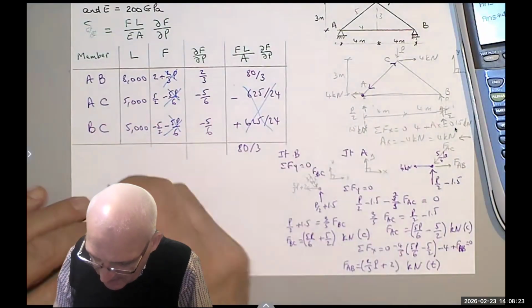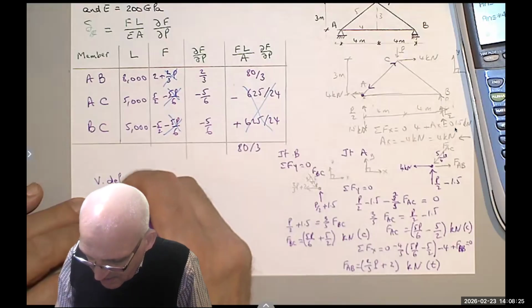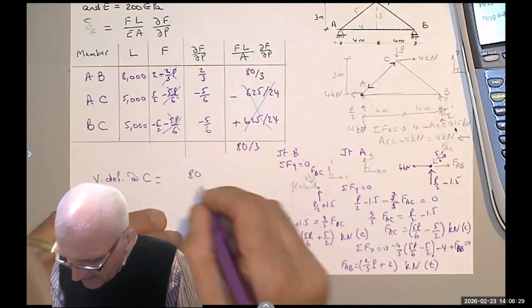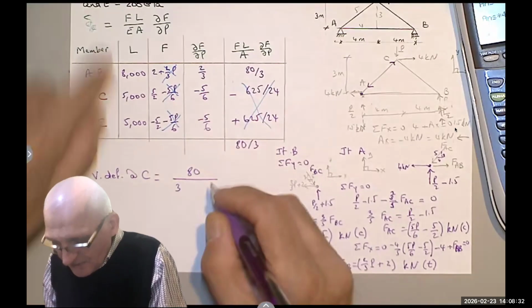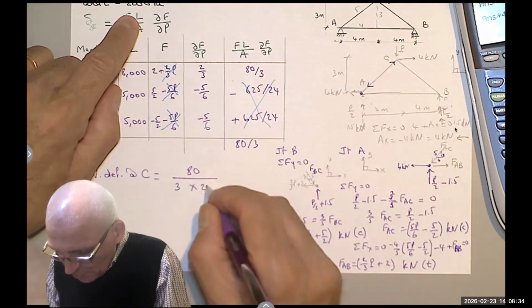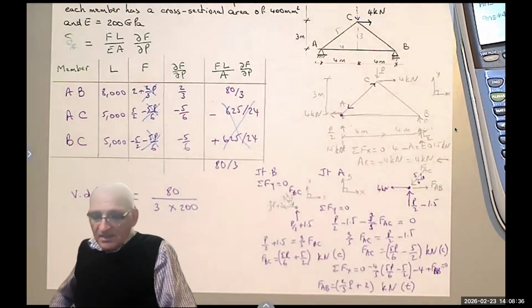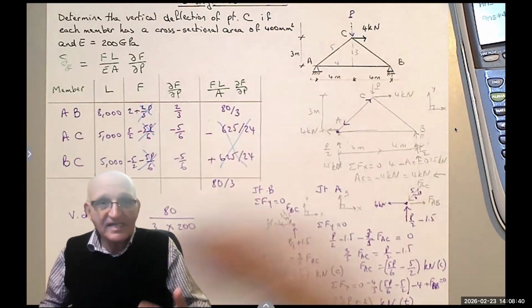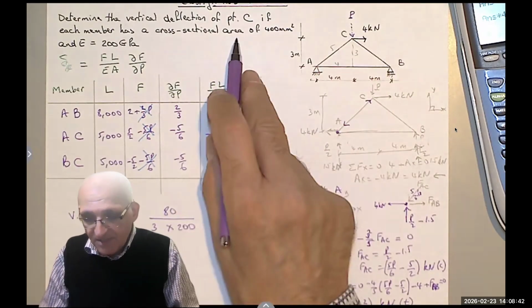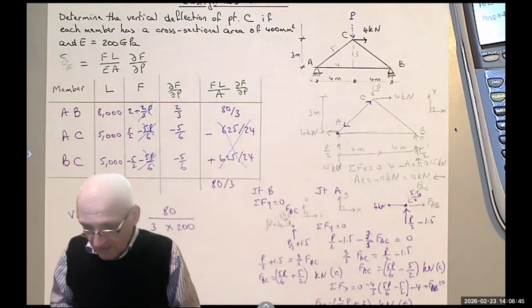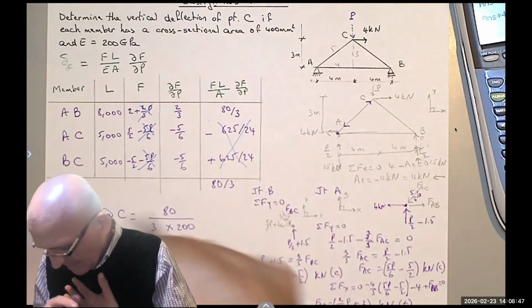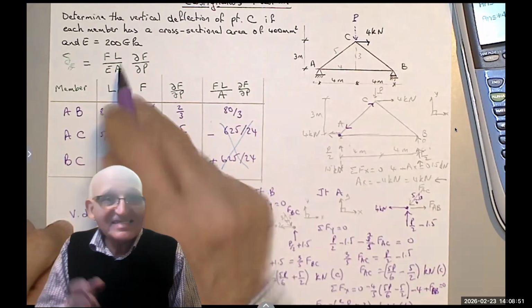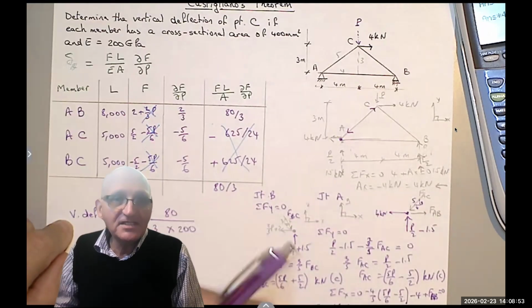So finally, vertical deflection at C equals 80/3, and then you divide by G, which is 200. Remember that we said there is no reason to worry about the units. They cancel each other when these are in millimeters and it's in gigapascal. The reason being, gigapascal is giganewton per square meter, right?